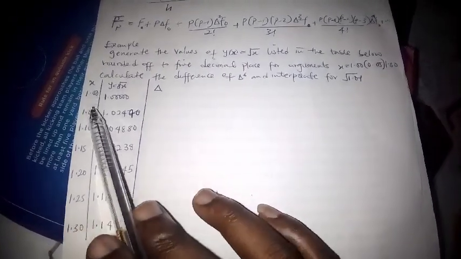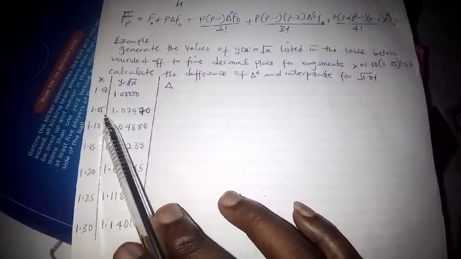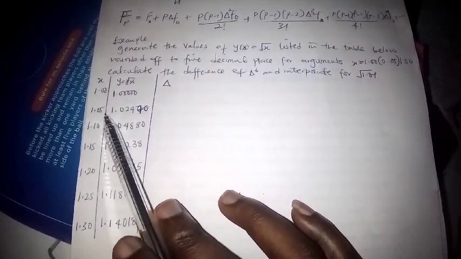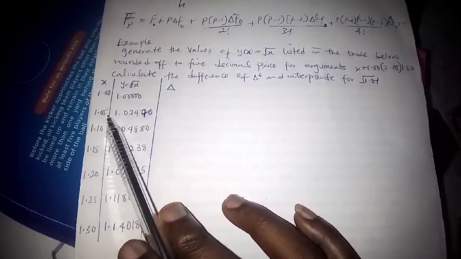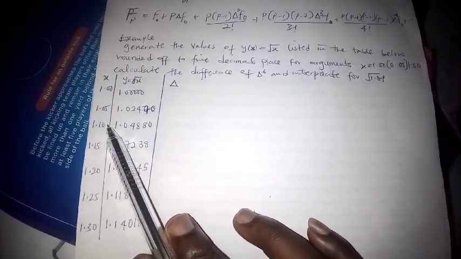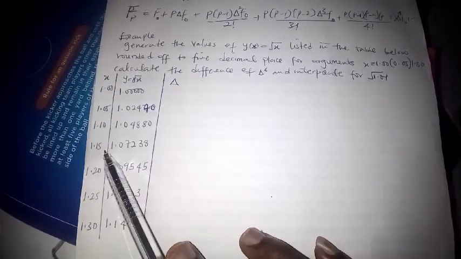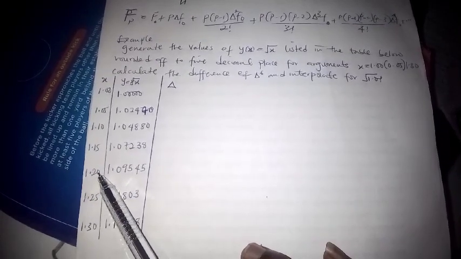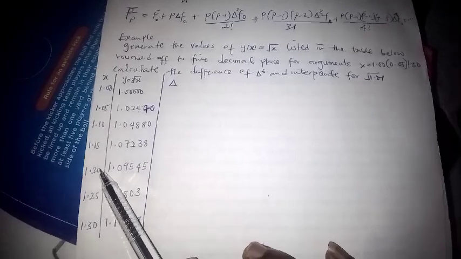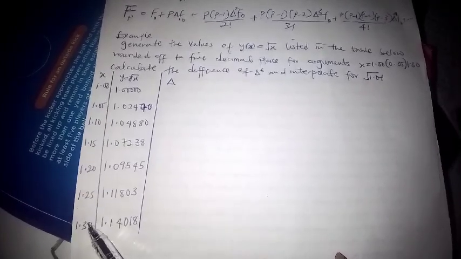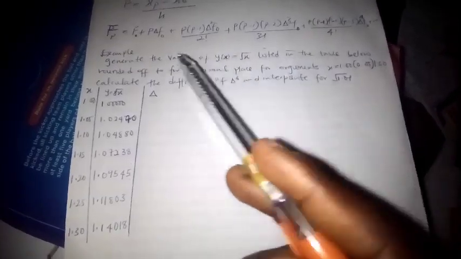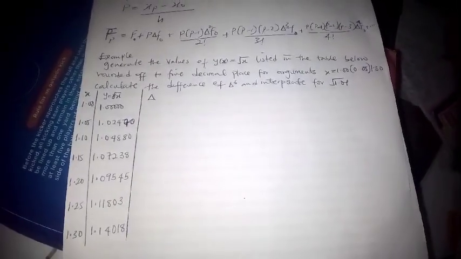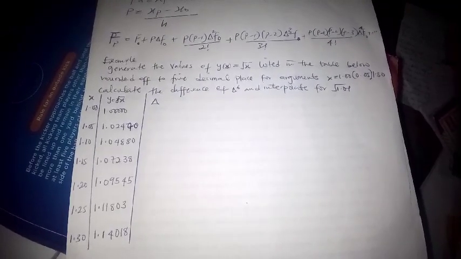So that is how we got it: starting from 1, it increases by 0.05, so we got 1.05, 1.10, 1.15, 1.20, 1.25, and 1.30.